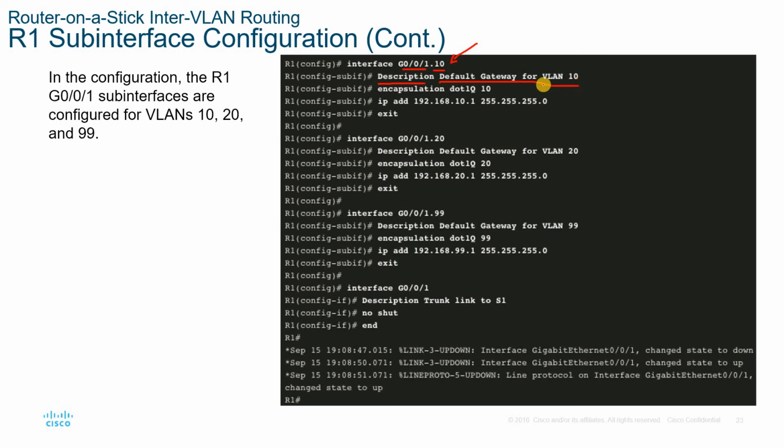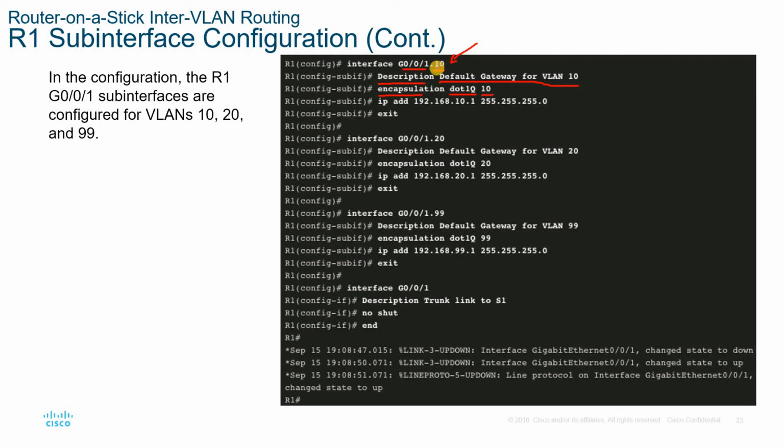The next command will be to enable the encapsulation standard for that particular subinterface. So the command will be encapsulation dot1Q, that is the standard. Ano tong 10 na to? Yung 10 na to, that would be the VLAN ID that you want this subinterface to support.